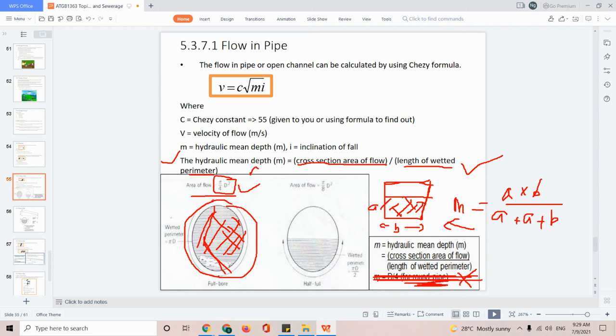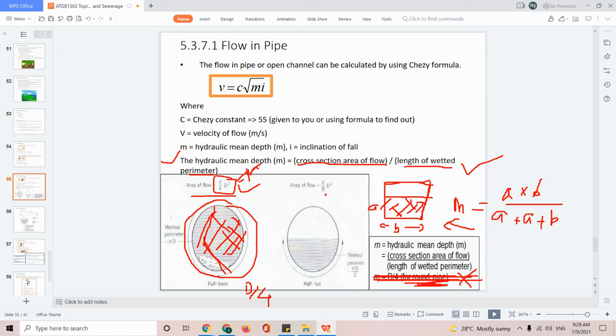You can either use this formula, or you can use R, which is pi R squared, divided by the wetted perimeter, which is pi D, or pi 2R. So it's the same thing. You end up with the same value, which is D over 4.